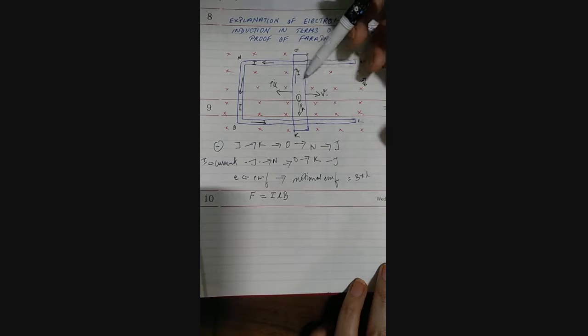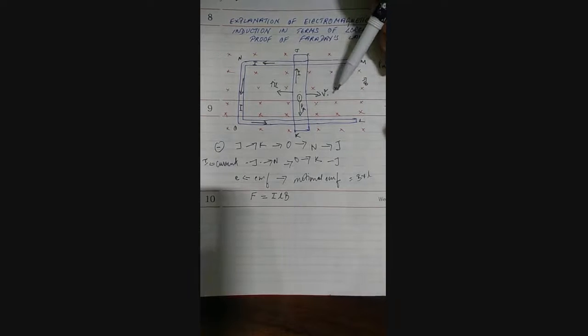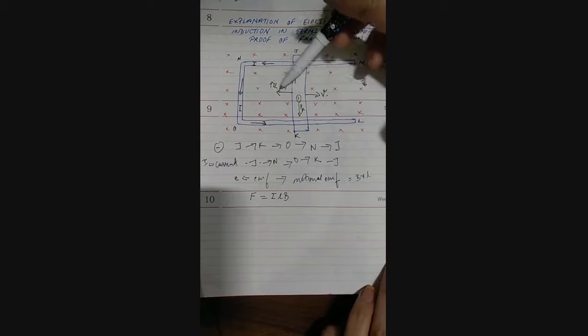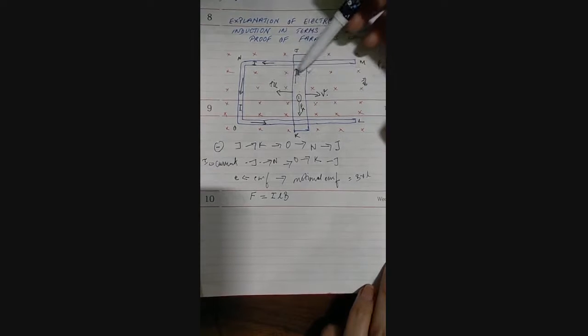Now, to let this rod keep on moving, we have to apply some force. That means some work has to be done against this force to make the rod move in the right direction.